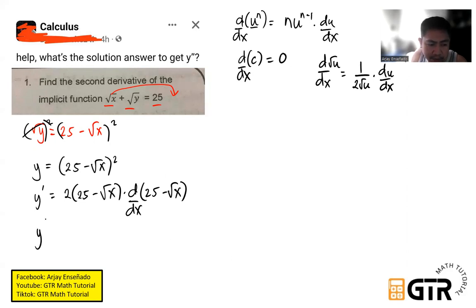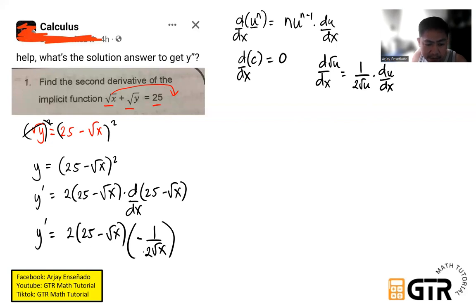So therefore we have first derivative is equal to 2 times 25 minus square root of x. Derivative of constant, so that is 0. So 0 na to. And then derivative of negative square root of x is negative. So just substitute x here. So negative 1 over 2 square root of x. Derivative of x with respect to x, that's simply 1.